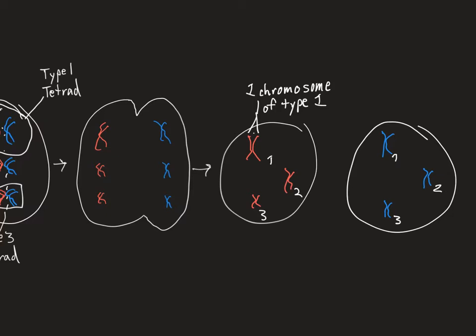That makes this a 1N haploid cell. And same story over here. So this is the end of meiosis 1, and we have 2 haploid cells.